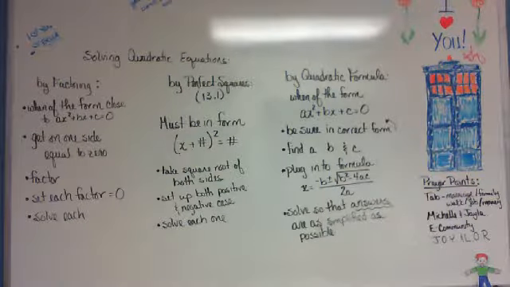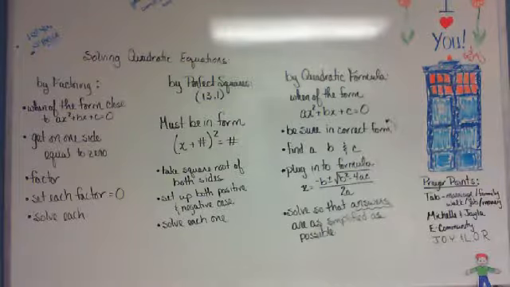You could do it by the perfect squares, which is what we did in Section 13.1. We made sure everything was in a perfect square form. Just like before, we wanted to make sure it was x plus some number quantity squared equals some number, so that the parentheses in the square was all by itself.